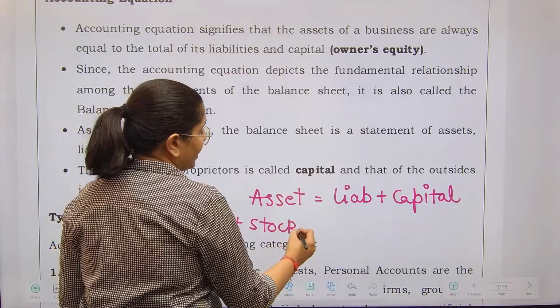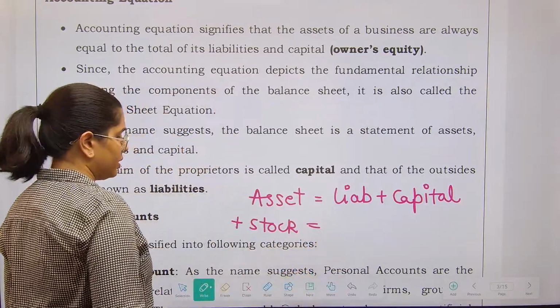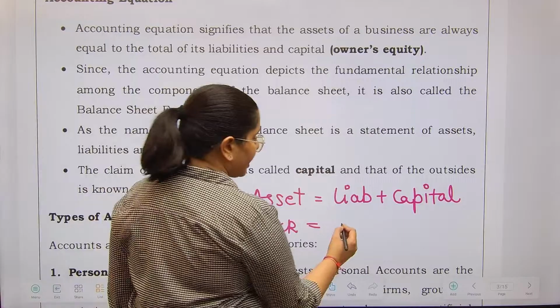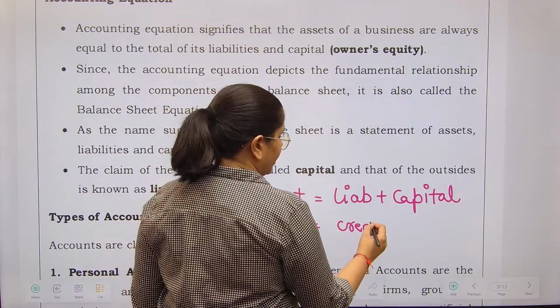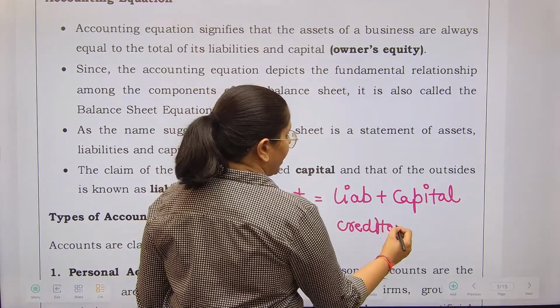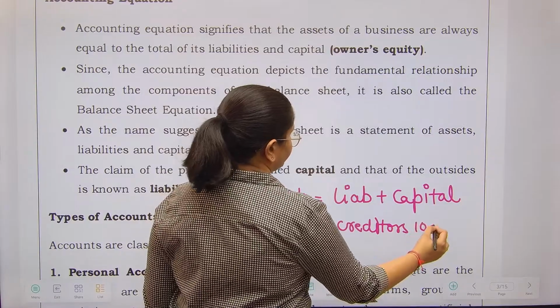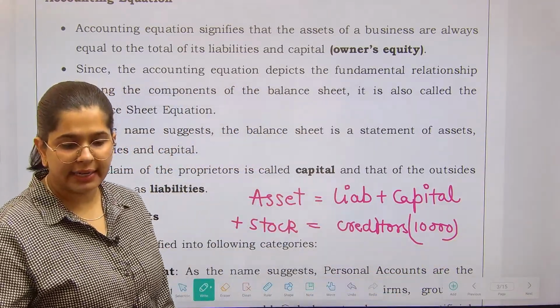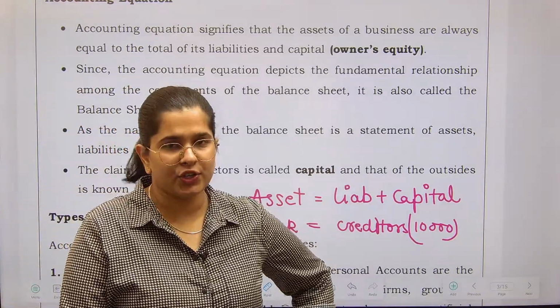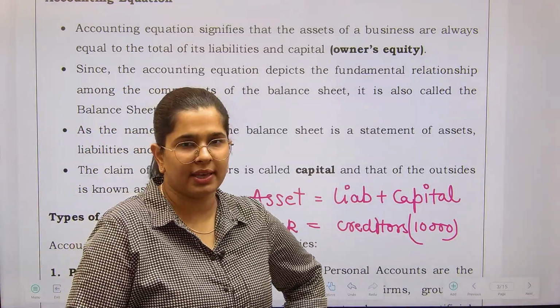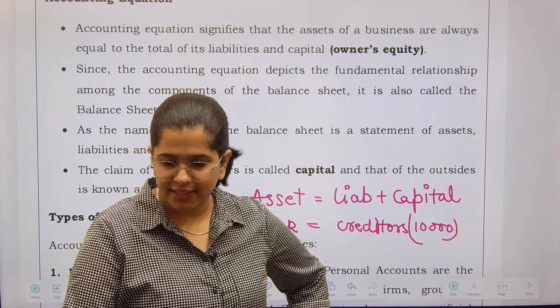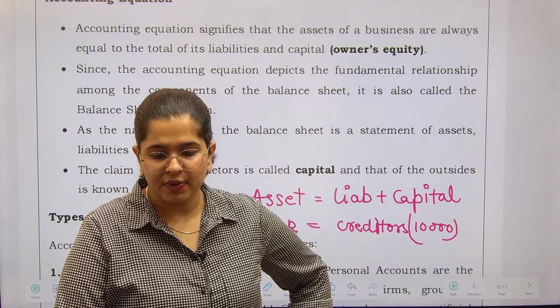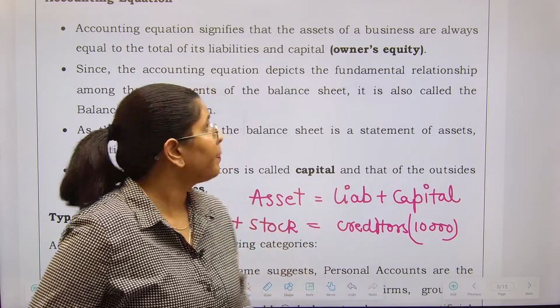My assets will be up by 10,000, and the creditors, that is my liability, will also be up by 10,000. We will see the detailed version of the accounting equation as well, but as of now this is what we want to study, because we need to see the summary format.